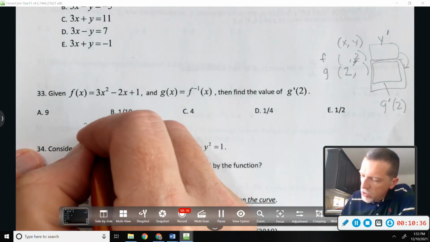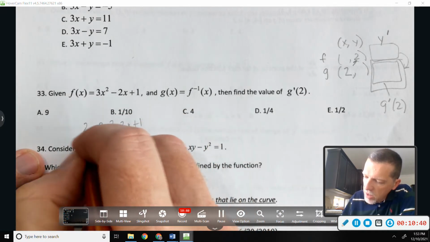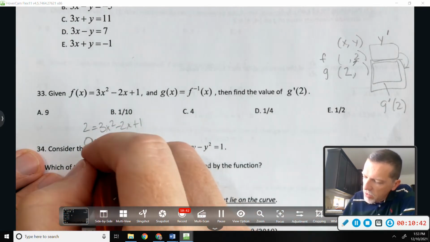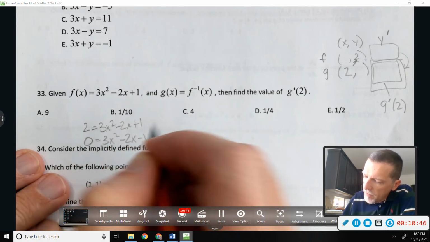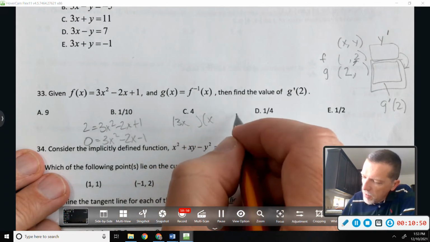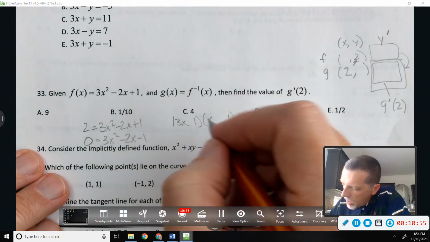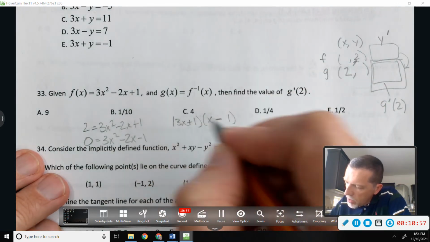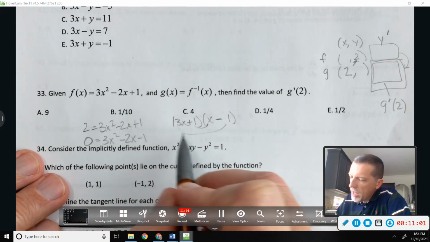So 2 equals 3x squared minus 2x plus 1. Move the 2 over and set that equal to 0. Hope that it factors. Let's see, x minus 1, 3x plus 1 would get me a negative 1 and would get me a negative 2x.